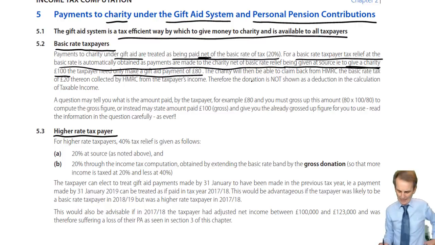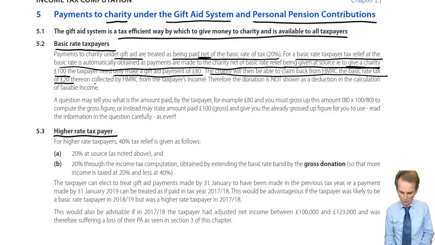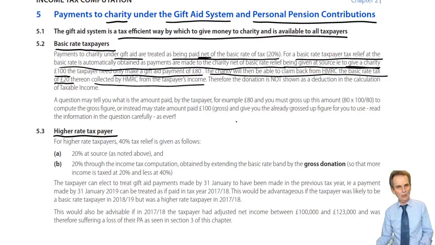So the way that we now work out the benefit to the charity is the charity claims back from HMRC the basic rate tax of £20 that would have been collected by HMRC from the taxpayer's income. So if a taxpayer started off with income of £100, they lost 20% in income tax at the basic rate, so they were left with £80.